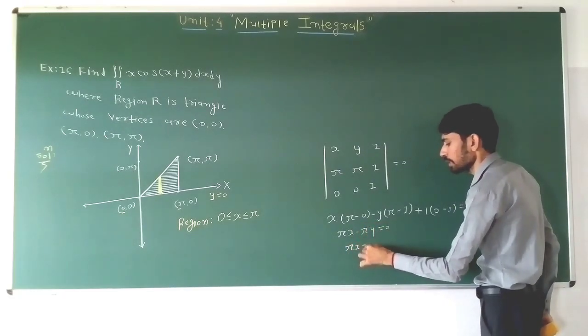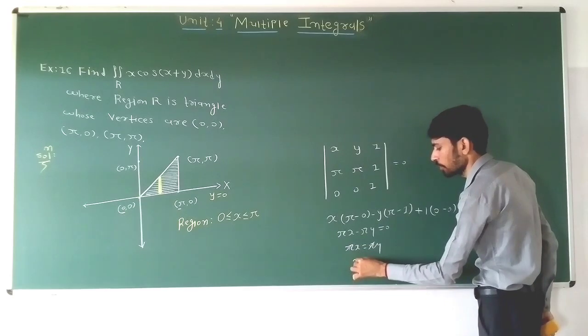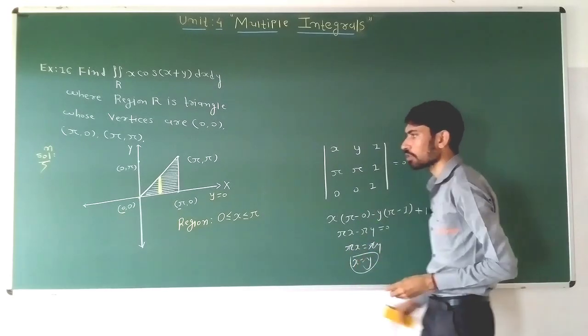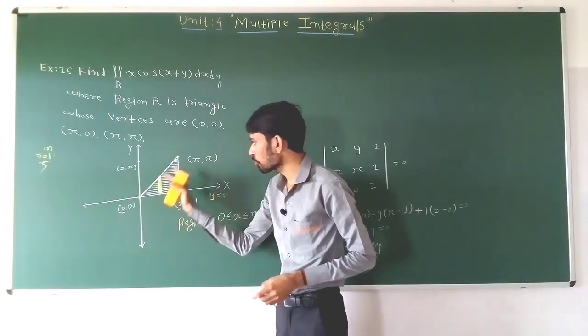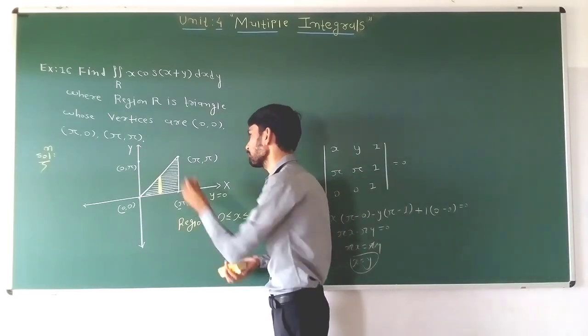So pi x equals pi y, and cancelling pi, x equals y. So the equation of the line passing through (0, 0) and (pi, pi) is x equal to y.